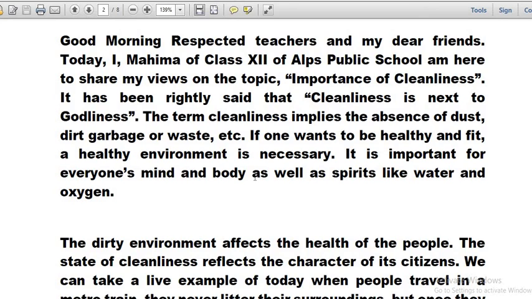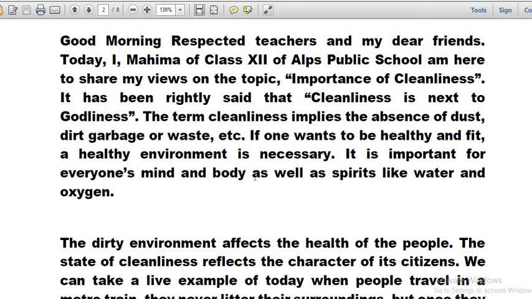Cleanliness means absence of dirt and dust or any sort of waste products. A place is totally clean. There is no dirt, no dust, no garbage or any waste products, nothing.